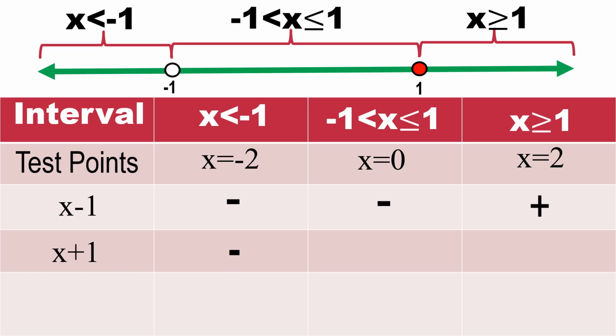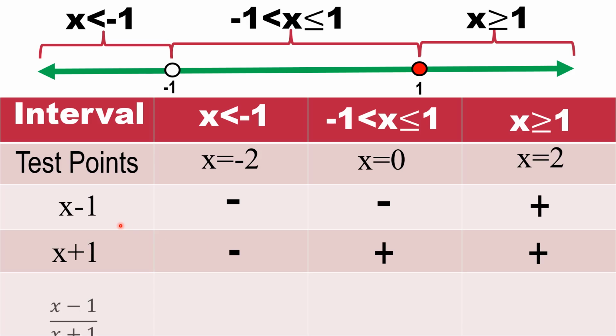So, negative 2 plus 1 is negative 1. So, the sign is negative. Next, 0 plus 1 is positive 1. Next, 2 plus 1 is, of course, positive 3.